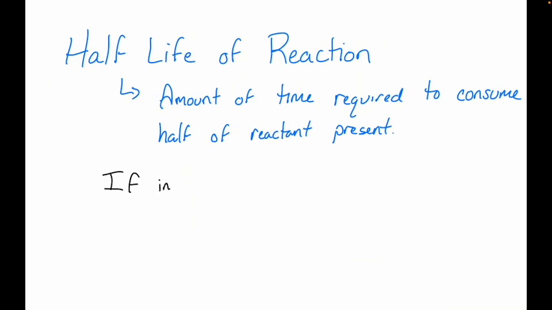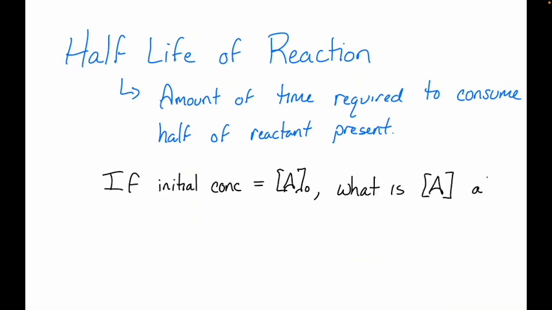If the initial concentration is equal to that A naught, that variable that we see in all our integrated rate laws, what is the concentration of A at the reaction's half-life?